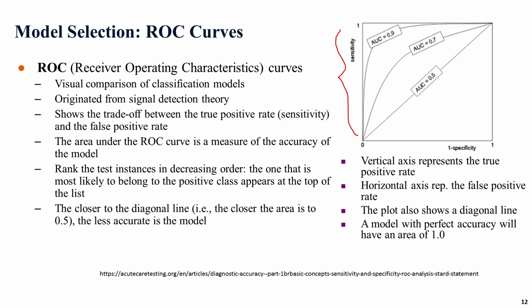The one that is closest to the diagonal line is the less accurate one, and the one that is right on the diagonal is the least accurate. So this one is the least.